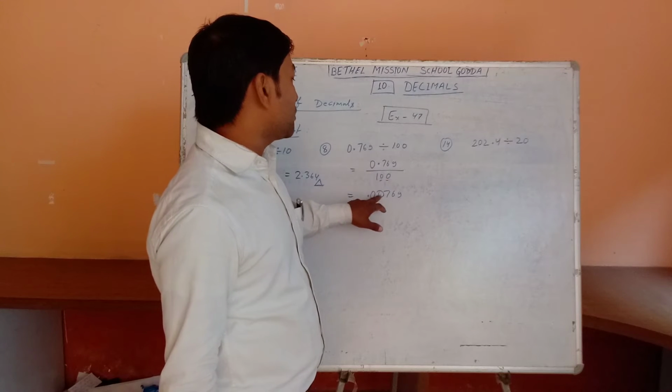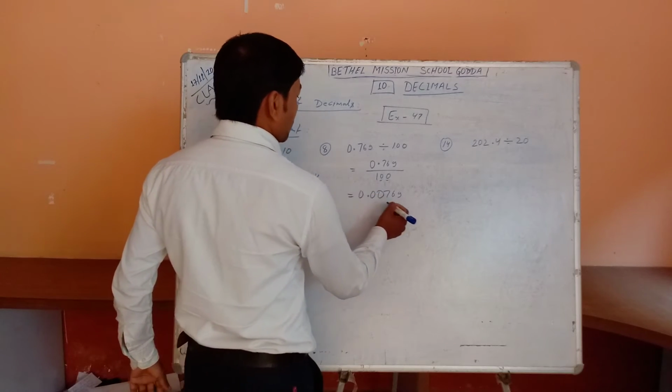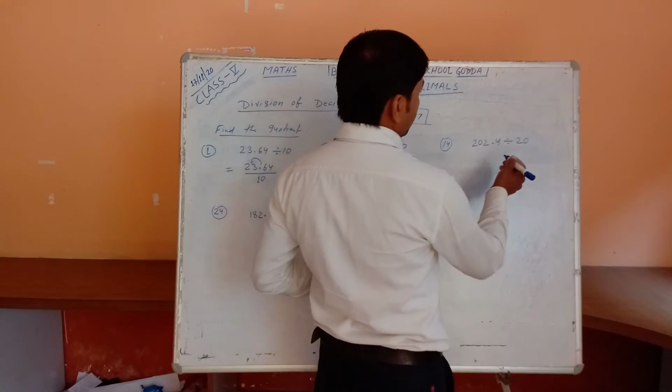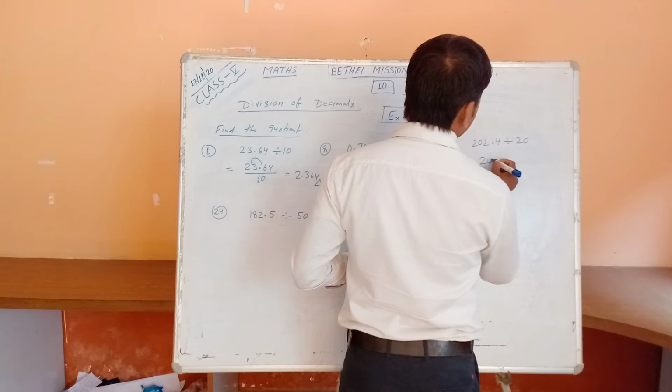Now 3 plus 2 is 5 decimal places. Okay, this is the answer.